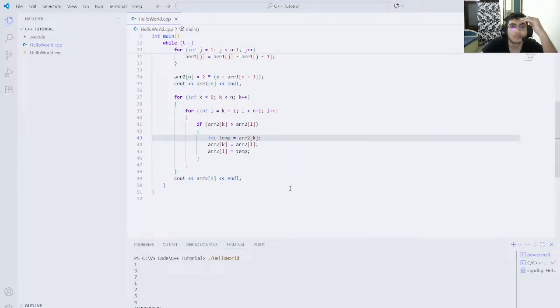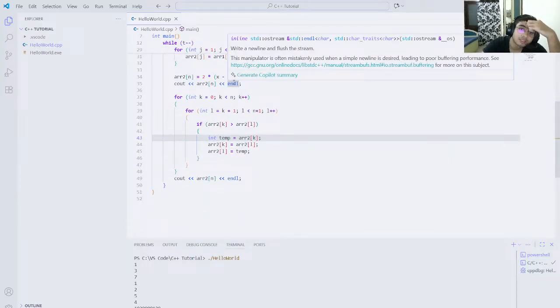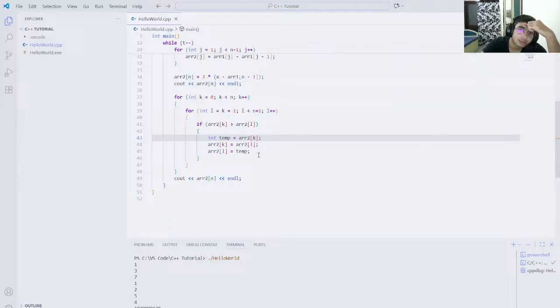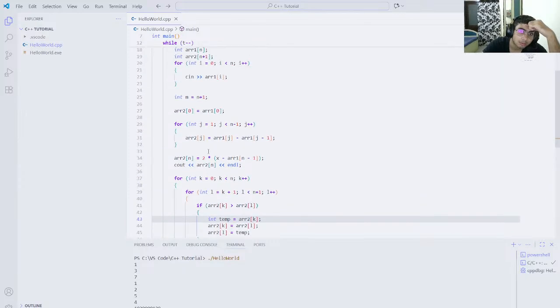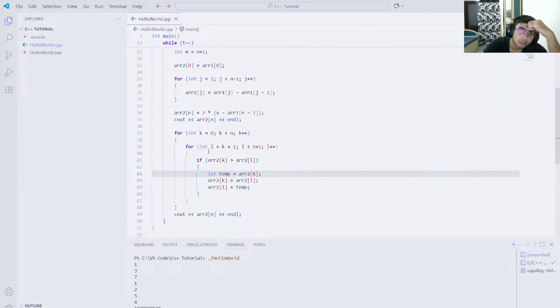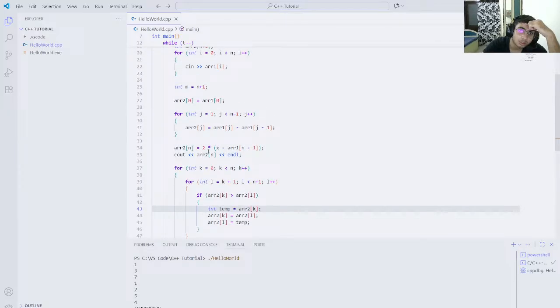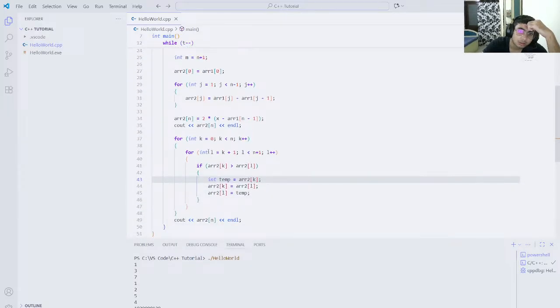Yes, because here it is giving it right. What is happening from here to here? I'm just sorting it. How difficult can it be, sorting an array?